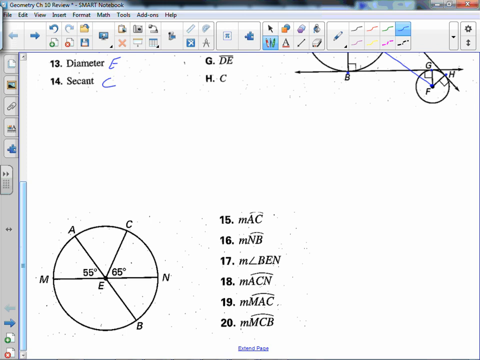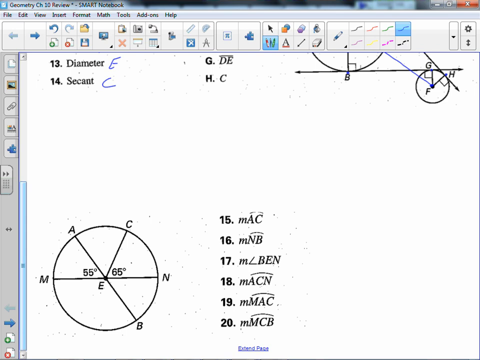All right, 15 through 20, we're using the information they gave us to come up with all the other arcs and angles that they asked for. So starting off, when we look at the picture, we've got angle AEM that's 55 degrees and angle CEN that's 65 degrees. Those are both central angles.